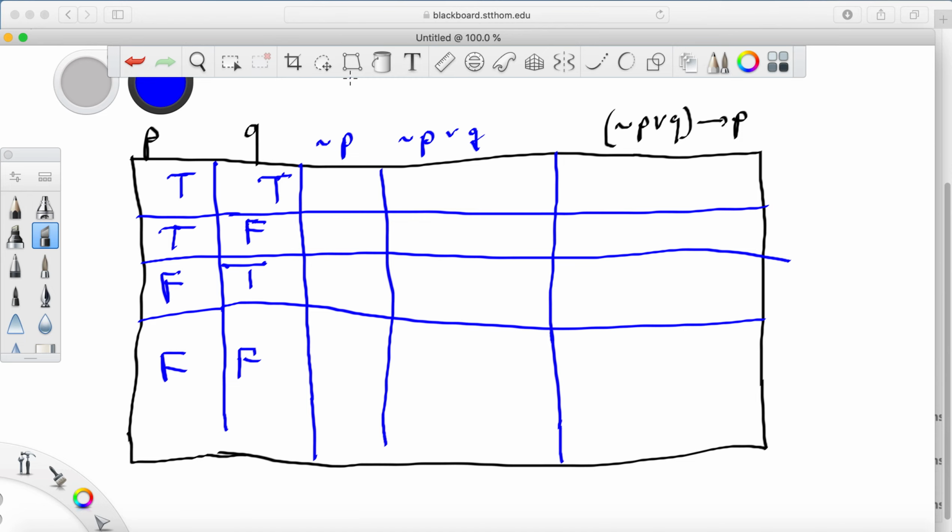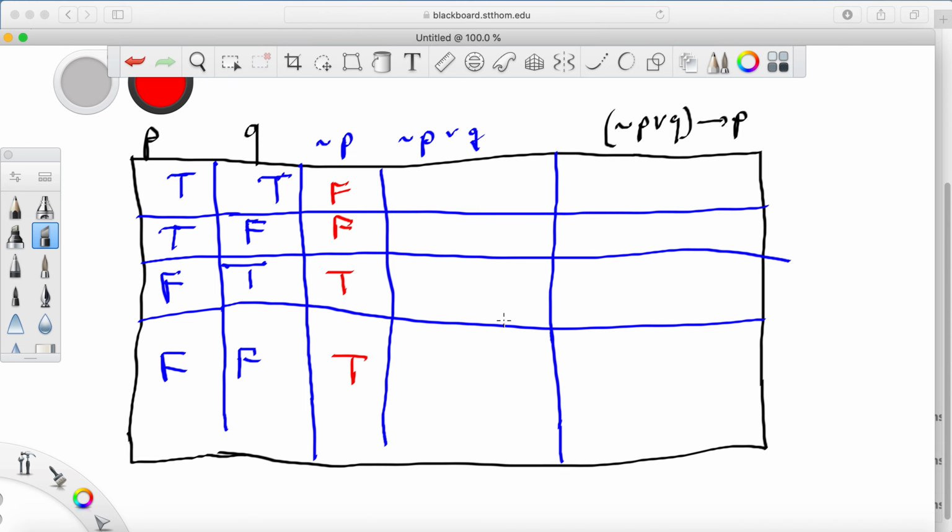And in the intermediate, you should have added these other steps, just on your own sheet of paper, and then deduce the final part. So if P is true, then not P is false. And if P is false, then not P is true. And this statement here is going to be true as long as at least one value is true.